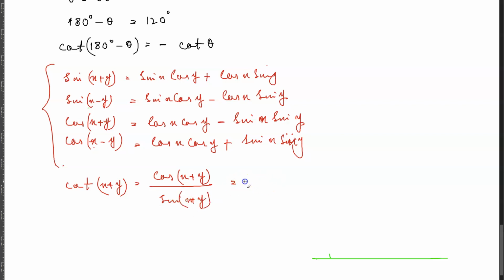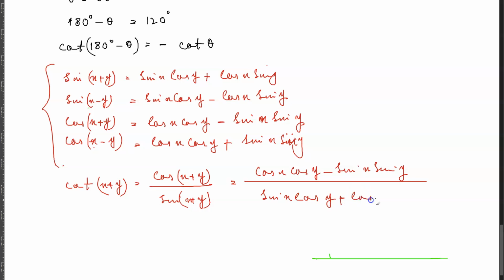And then you can simply write cos of x plus y as cos x cos y minus sine x sine y, and sine of x plus y as sine x cos y plus cos x sine y.